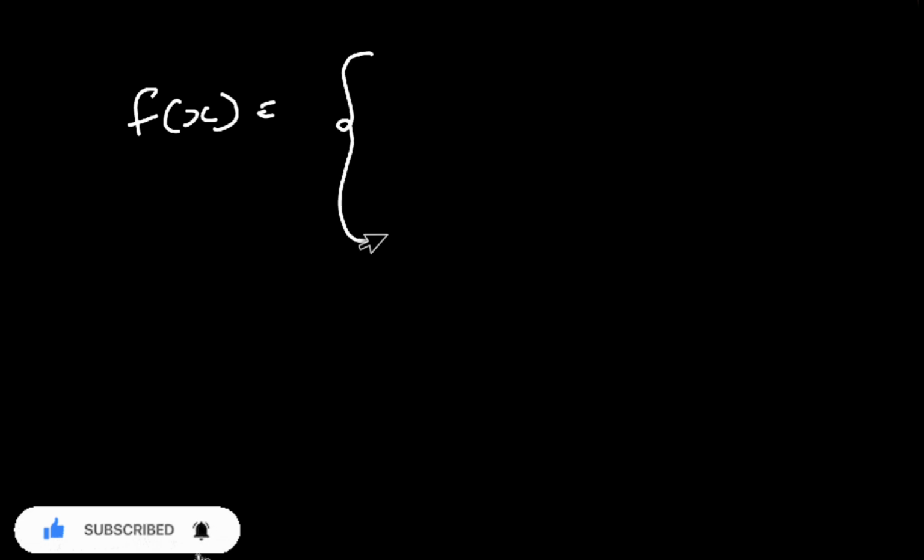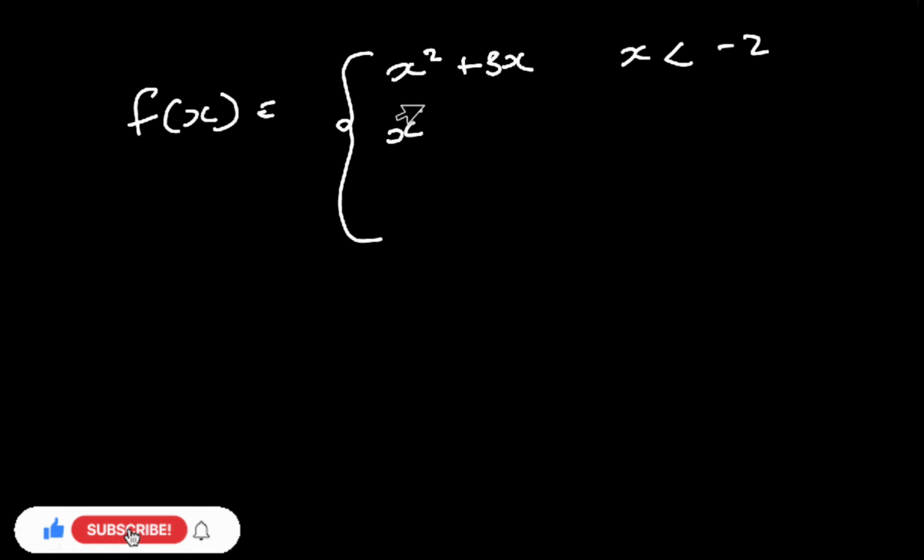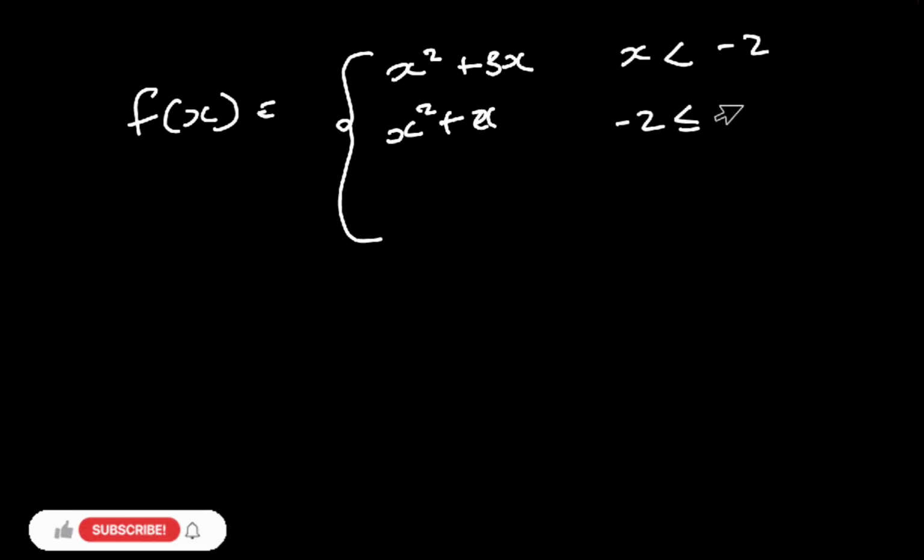We're given f of x is equal to x squared plus 3x when x is less than negative 2. Then we have x squared plus 2x when x is in between negative 2 and 3.